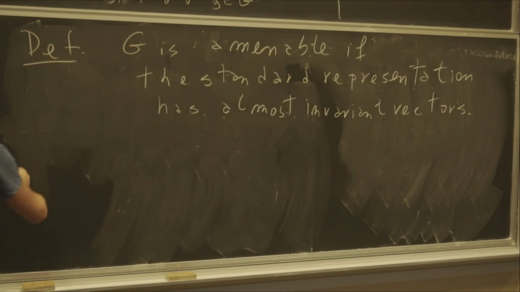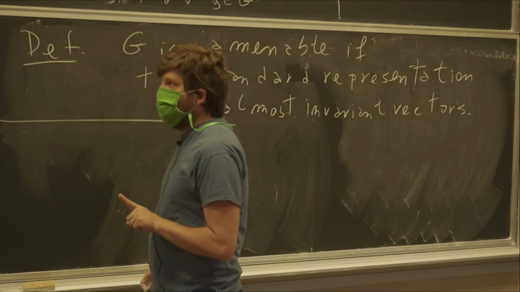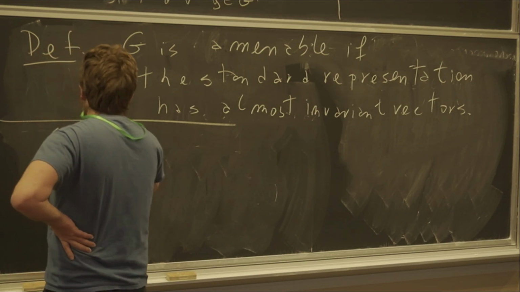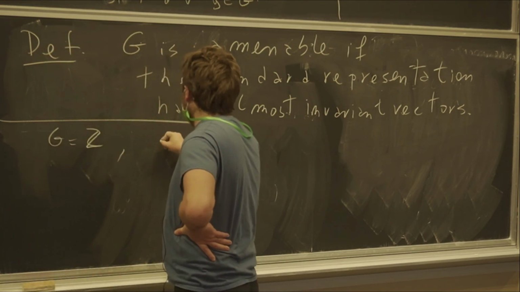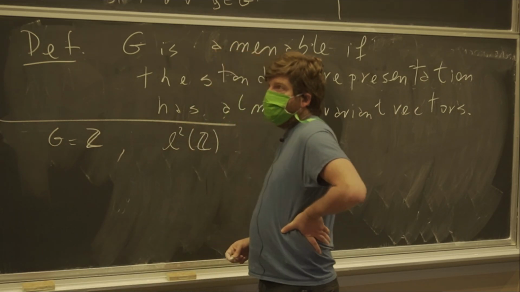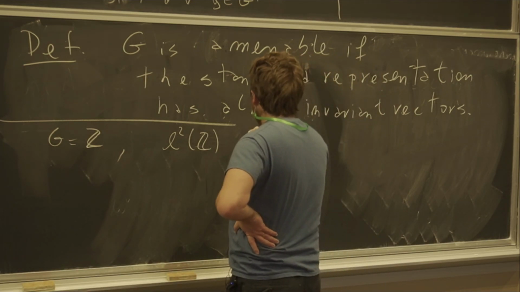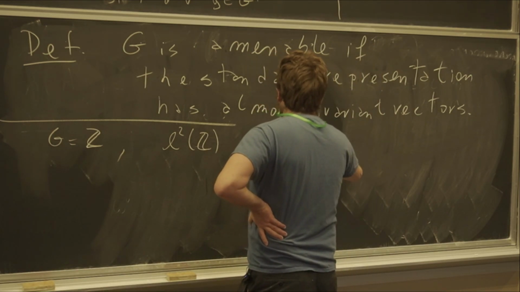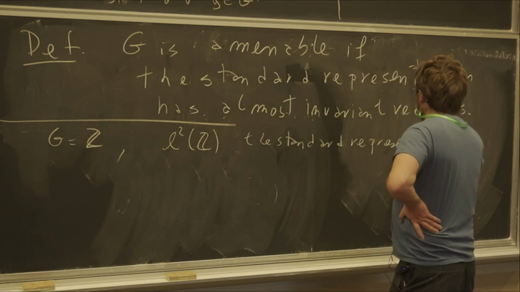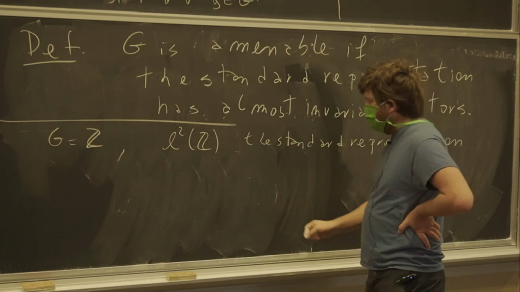Let me make the following observation. When G equals the integers, then the L2 of C is the same as the little L2 of C, and the standard representation does not have an invariant vector.